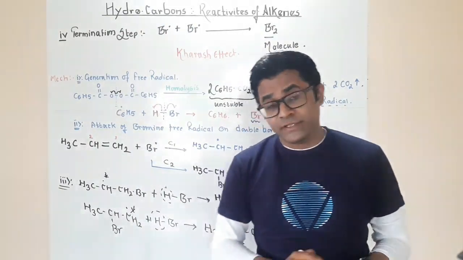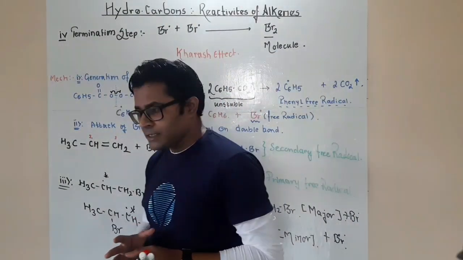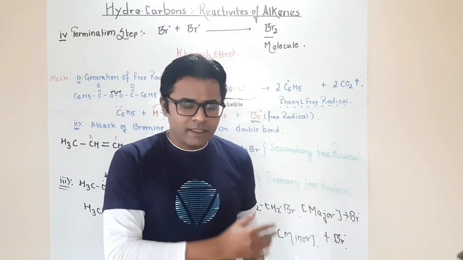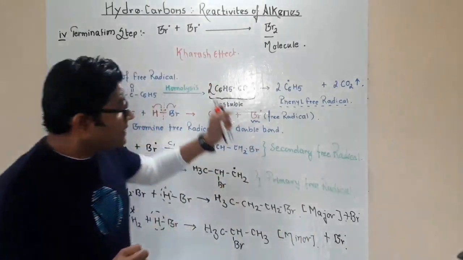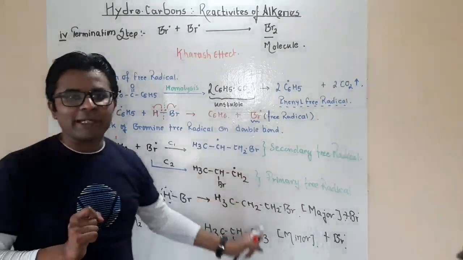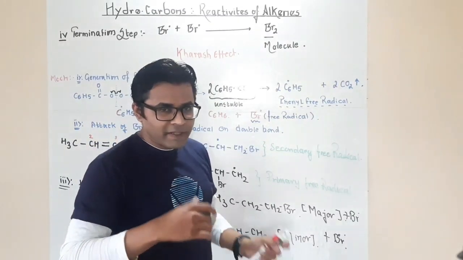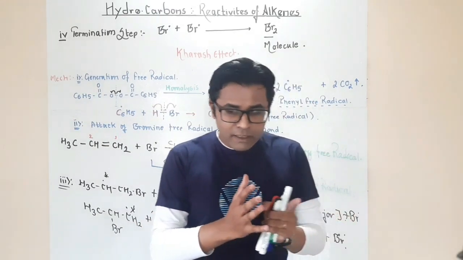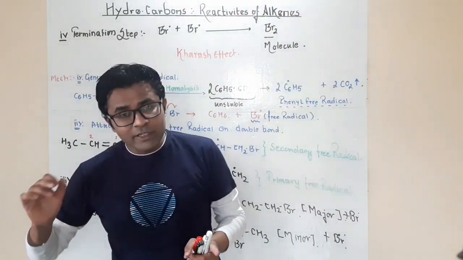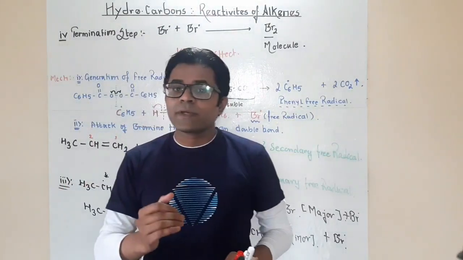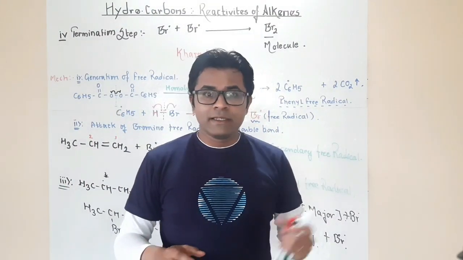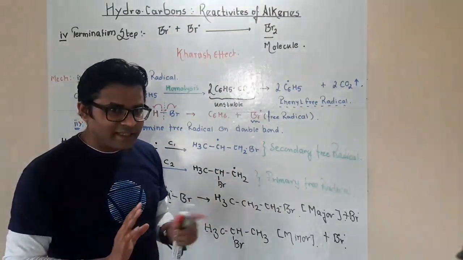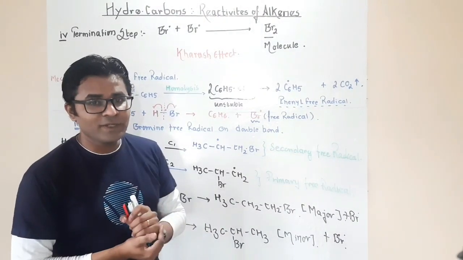The basic difference, if you observe carefully, is that the Kharash effect, or the Anti-Markownikovs effect or the peroxide effect, takes place with respect to the free radical mechanism, while in the previous case, that is the Markownikovs rule, the process takes place with respect to a carbocation mechanism. Here it is taking place with respect to a free radical mechanism. So this is the difference between the two effects.